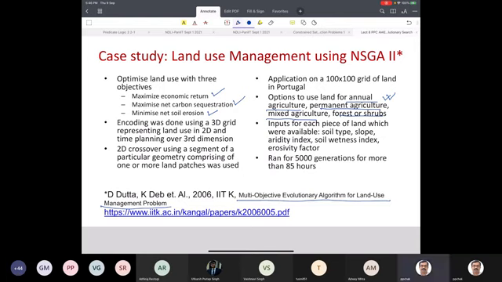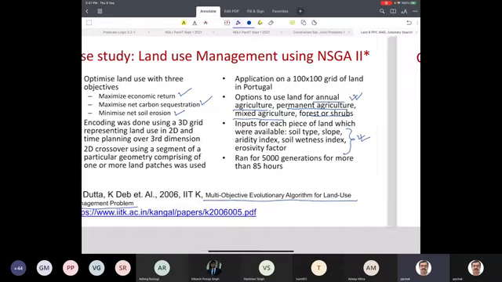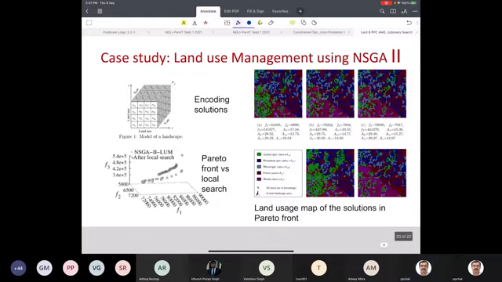And in order to compute the fitness function, they had all these inputs for all these pieces of land. And they ran this for 5,000 generations over huge populations for over 85 hours in 2006, which would have run for about maybe 8 hours now. And they obtained solutions.